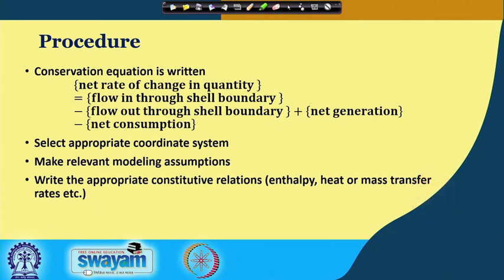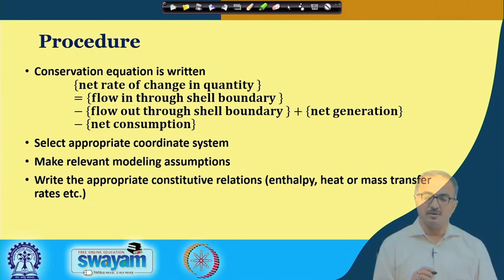Even after writing the model equations, there were some parameters not coming automatically from the balance equation, for example the density, the specific heat, and the heat transfer coefficient. So these parameters are not coming naturally from the model equations.